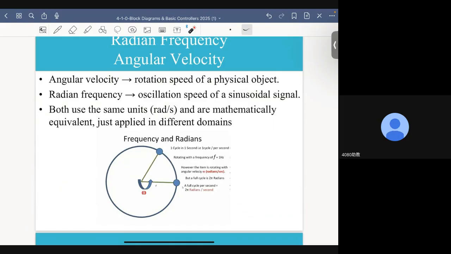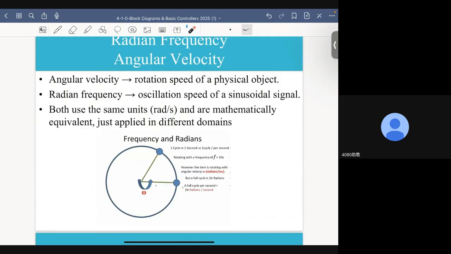So one period is like moving the pointer one round, from the beginning to the end once, and the moving speed is characterized by the angular velocity with a unit of radians per second.